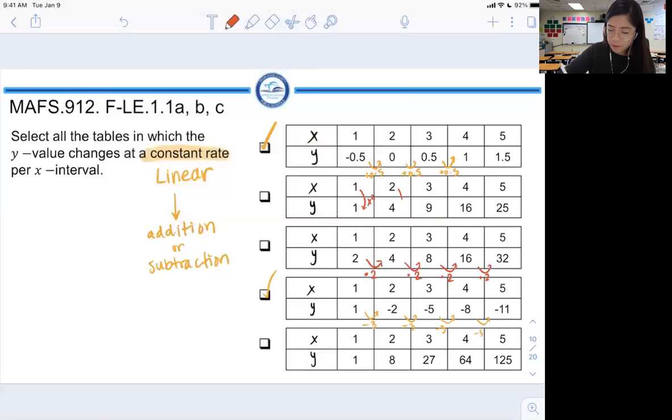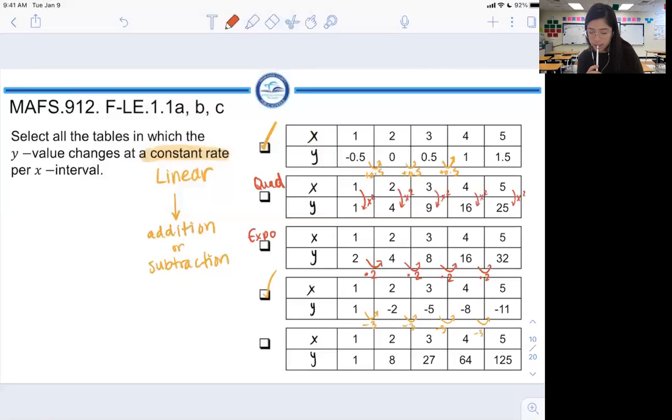So 1 to the power of 2 is 1, 2 to the power of 2 is 4, 3 to the power of 2 is 9, and so on. If it's not exponential, what's that one? Yeah, it's quadratic. Nice. Definitely quadratic.